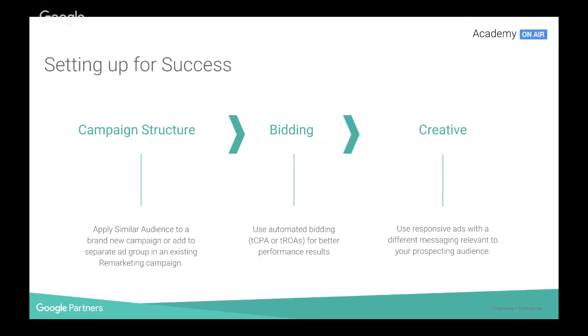Creatives, use the responsive ads. Those are the best ones just because they adapt to give you the biggest and the best amount of conversions that you can get given your target CPA. They adapt to different formats, whether they are native, display text ads or normal display ads.